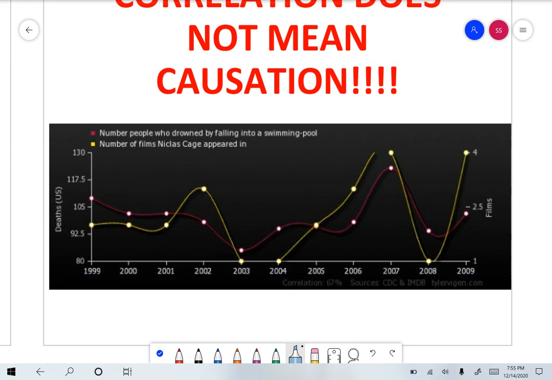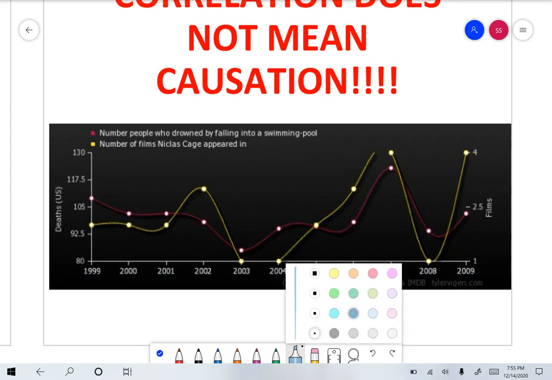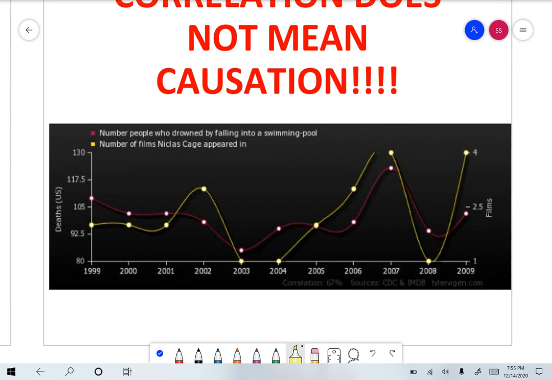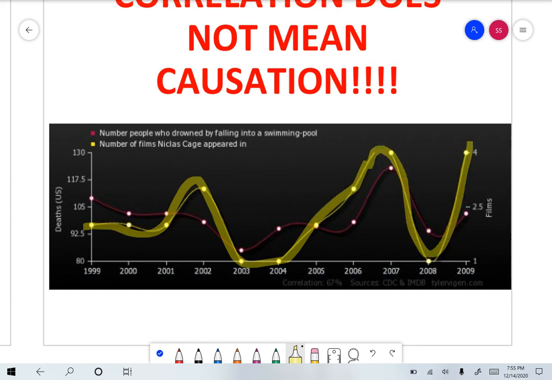This graph shows the number of films Nicolas Cage appeared in based on the year, and the number of people who drowned by falling into a swimming pool. And yes, this part's sad, and I really shouldn't be laughing.